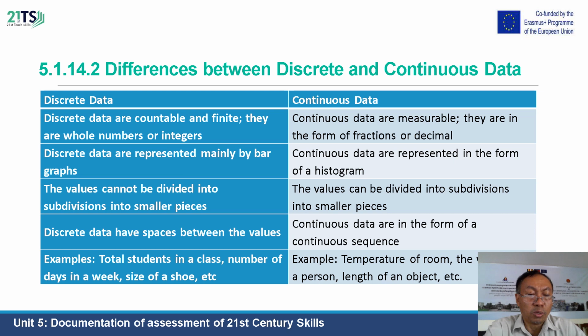For example, the total number of students in a class, the number of days in a week, and the size of shoes fall into the category of discrete data, whereas the temperature of a room, the weight of a person, the length of an object, etc. fall into the category of continuous data.